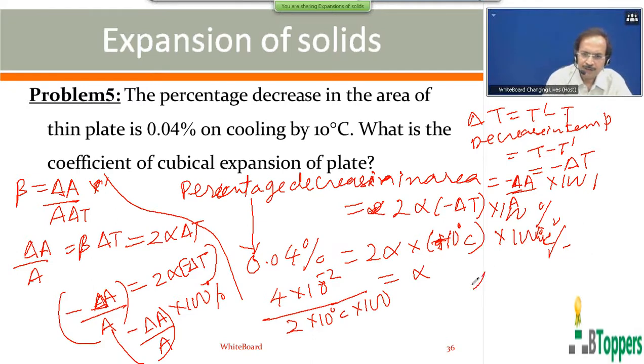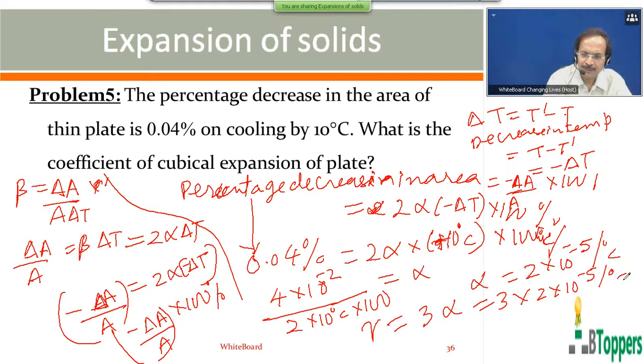So if you simplify this, you get alpha equal to 2 into 10 to the power of minus 5 per degree centigrade. Coefficient of cubical expansion means you have to find the value of gamma. Gamma is nearly equal to 3 alpha. That is 3 times 2 into 10 power minus 5 per degree centigrade, or 6 into 10 power minus 5 per degree. That's the answer.